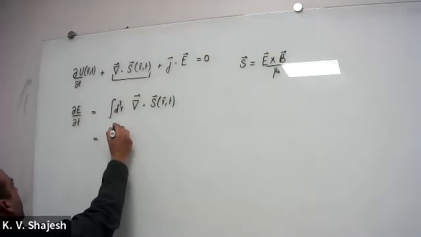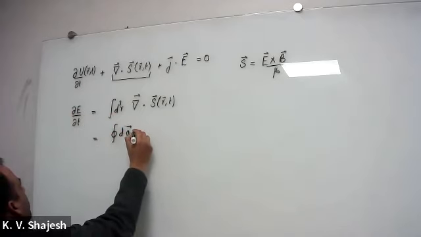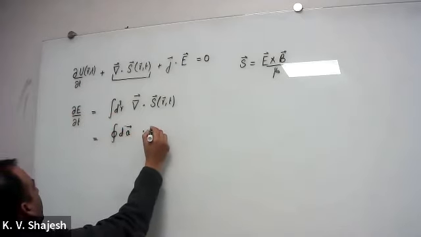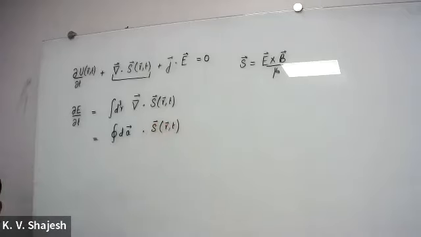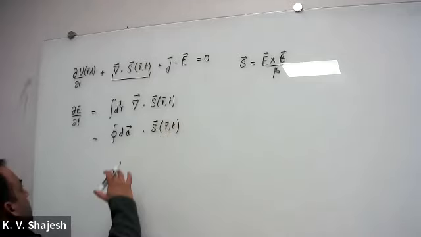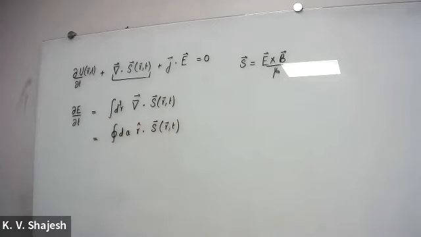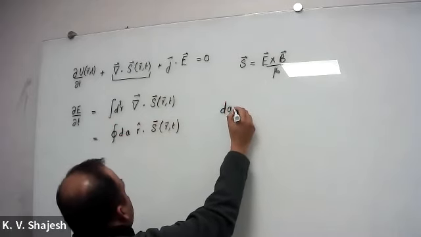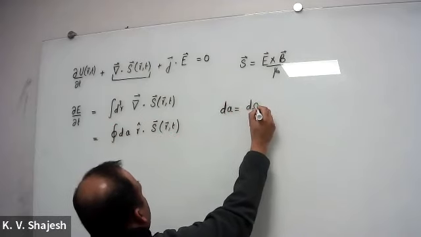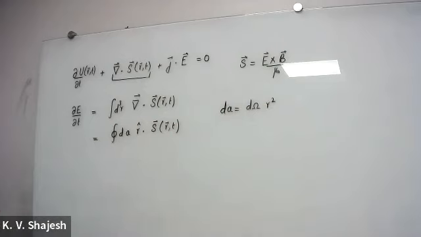Use the divergence theorem, and we get, this is a closed volume, dA dotted with S. This is our hat, so that's the area, so that's r hat dotted with S. dA can be written as d omega, that's a solid angle, times r squared. We did that when we were doing the time domain also.